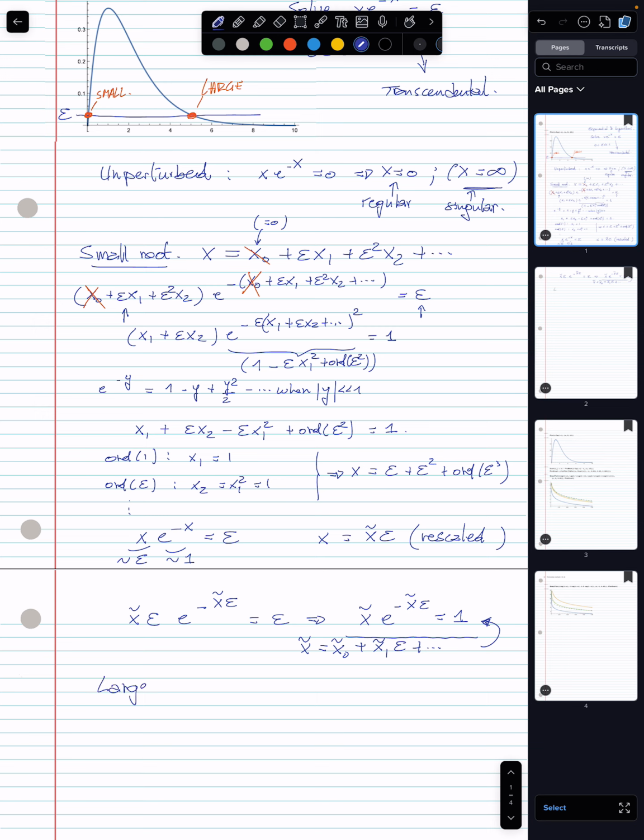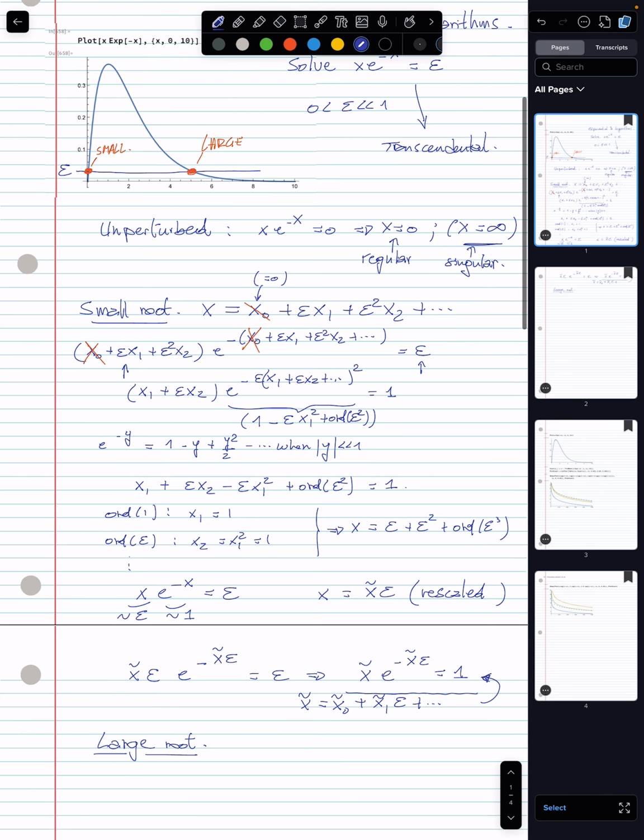So let's focus now on the large root, which is probably something more interesting here for us. And concerning the large root, it is going to be a little bit more difficult, right? Because definitely the use of a regular ansatz or a regular sequence like this will not bring us to the right solution.